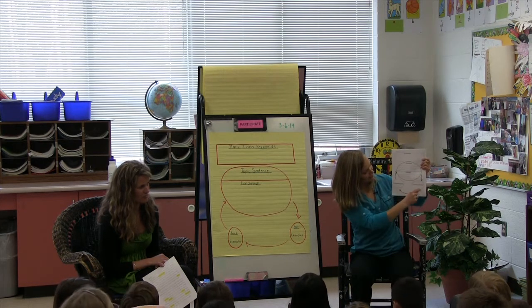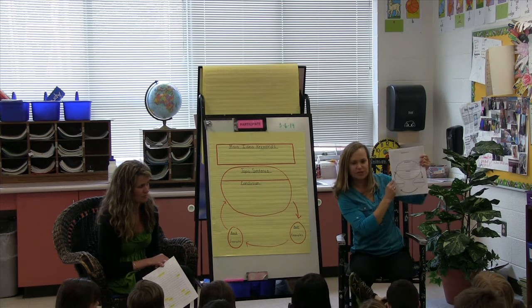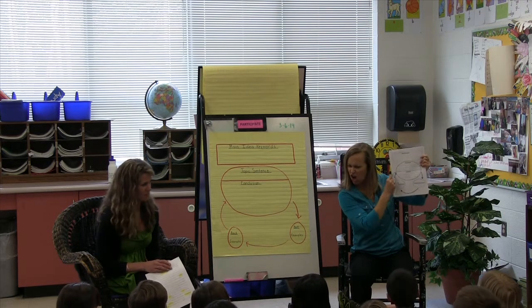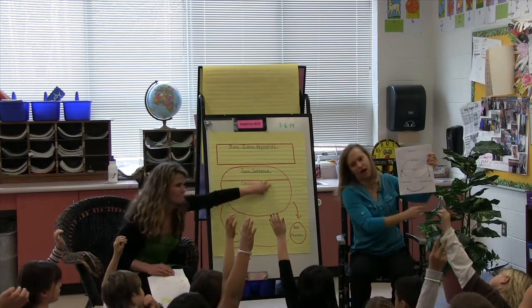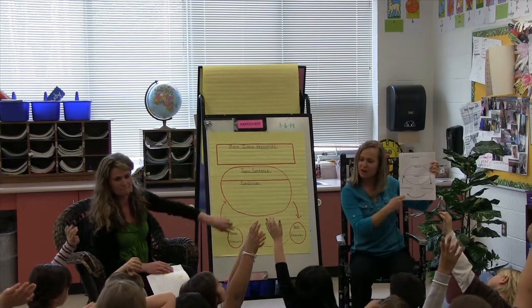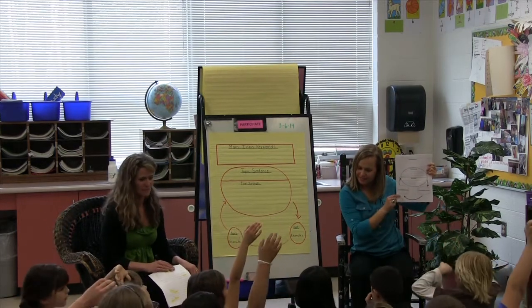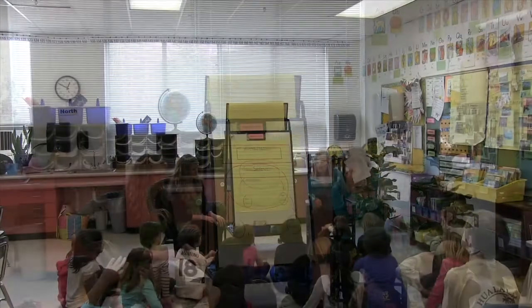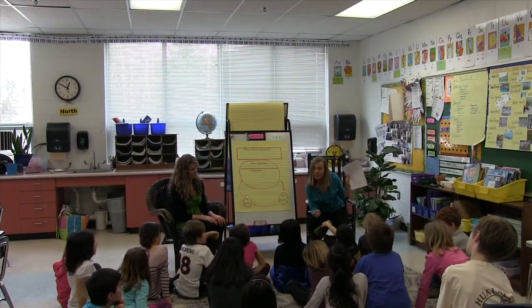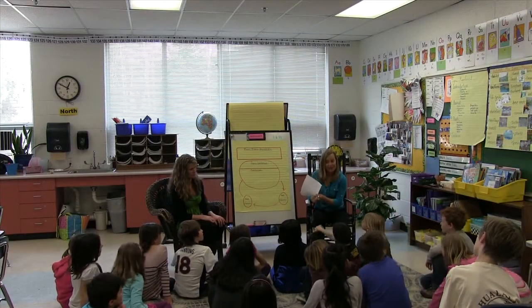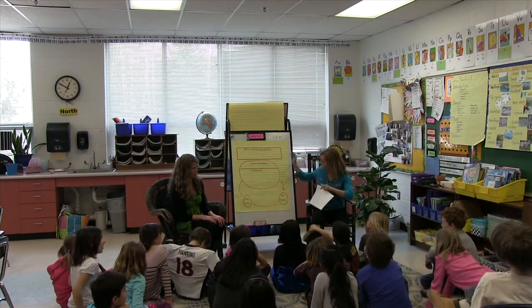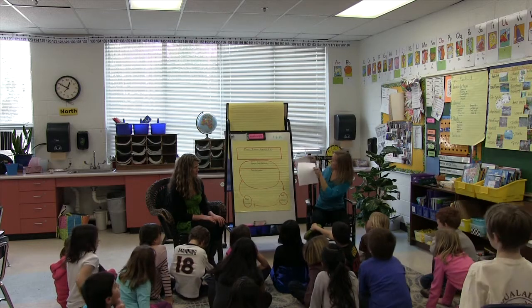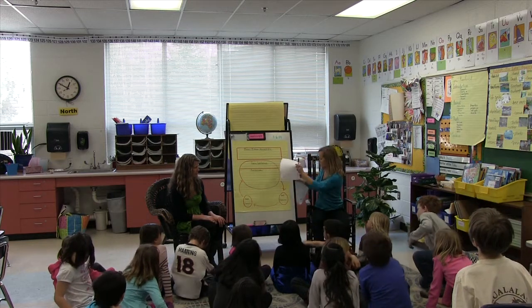I want you to notice that this goes around and around and around. What do we call something that goes around, back to the beginning, around, back to the beginning, and keeps on going? Ariana? A life cycle. Yeah, a cycle. So second graders, this is what you're gonna do in just a moment. You're gonna take your essay and you're gonna take jot notes in the top part of this organizer where it says main idea keywords, right up at the top.